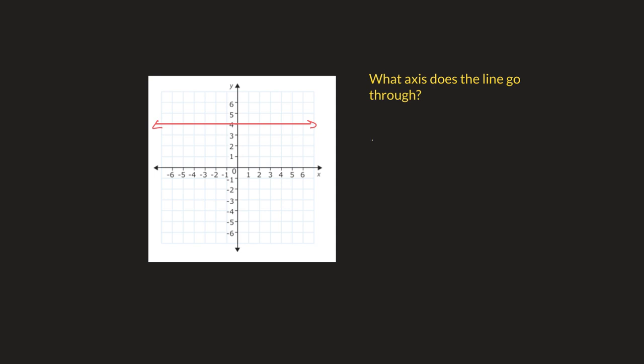Therefore, the equation of a horizontal line is going to come to us in the form y equals, and what number did that line go through on the y-axis? 4. Y equals 4.